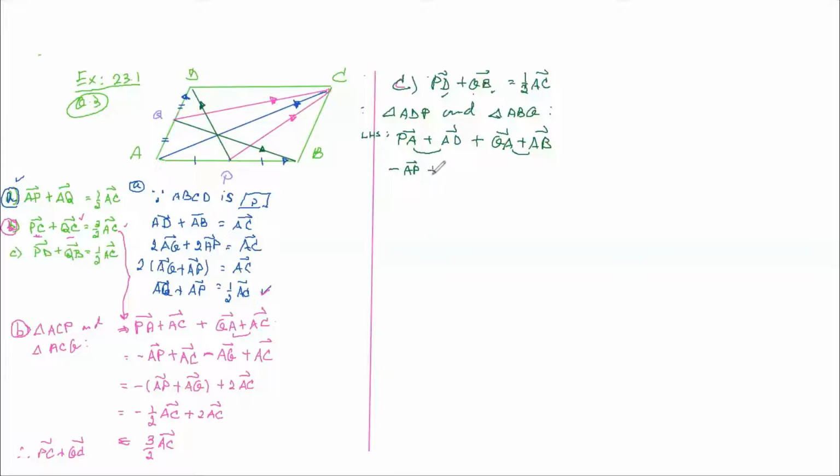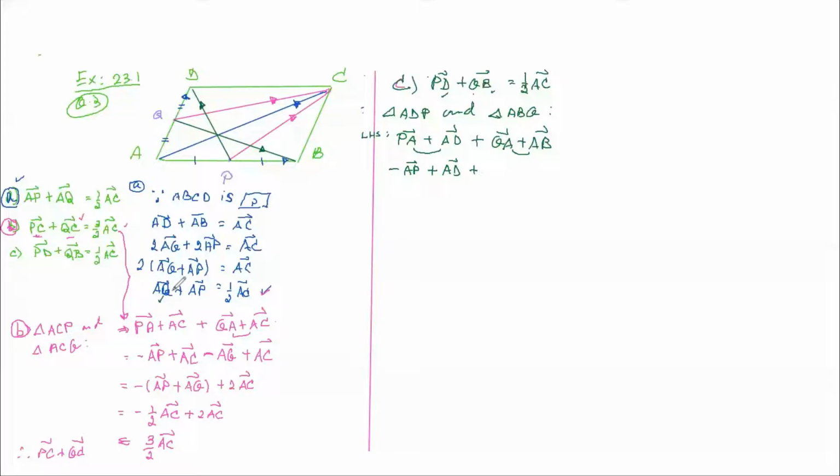Plus AD here. AD we haven't used anything, we leave it that way first. Try to eliminate QA first. QA, but we have AQ.